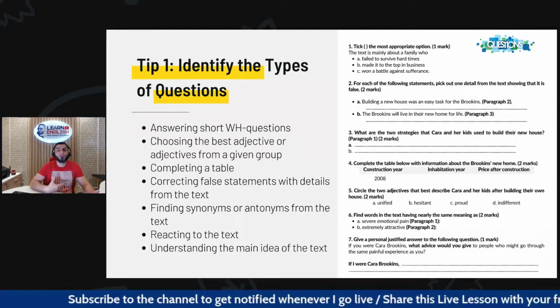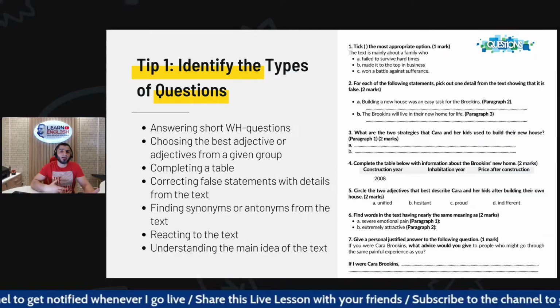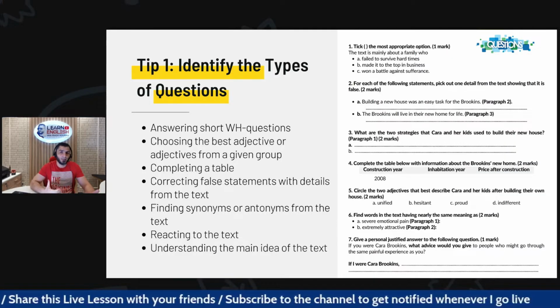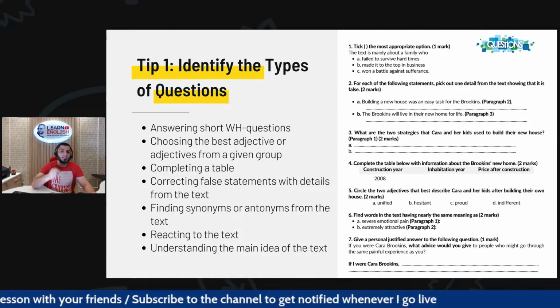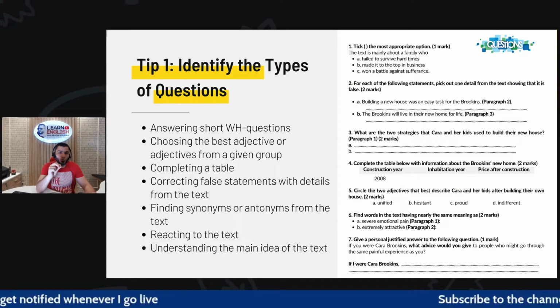Why? Because when you know what the type of the question is, you will know the type of answer you are expected to write. So this is very important because each question should be answered in a specific way. So you must know that.